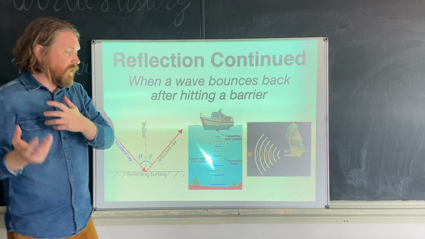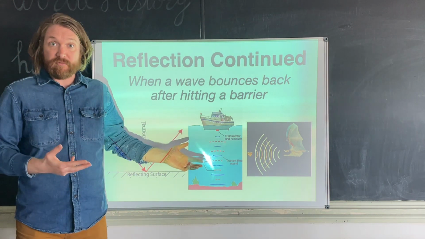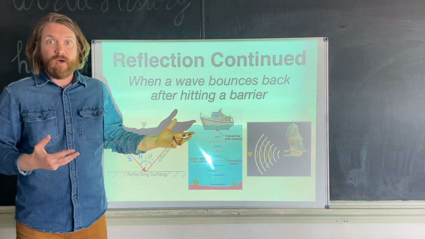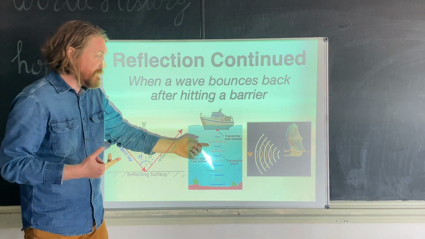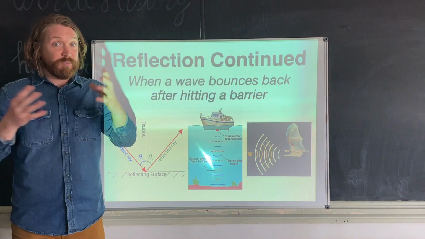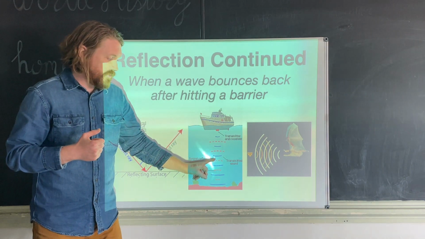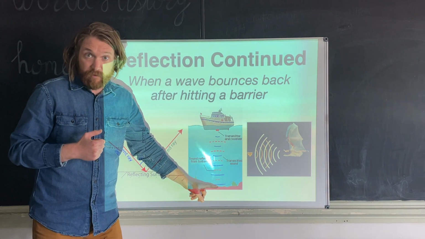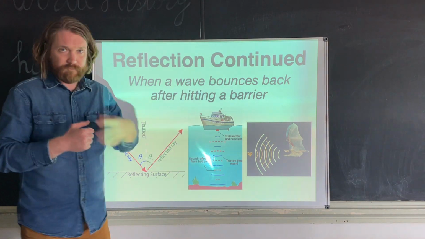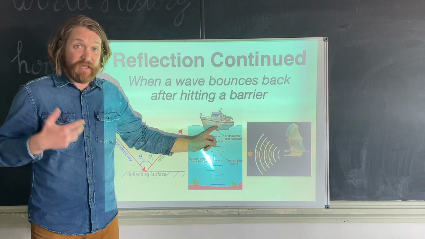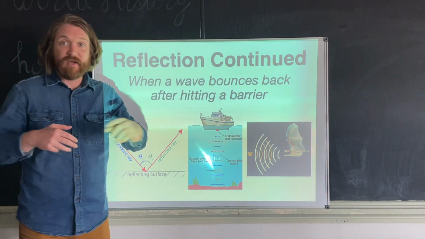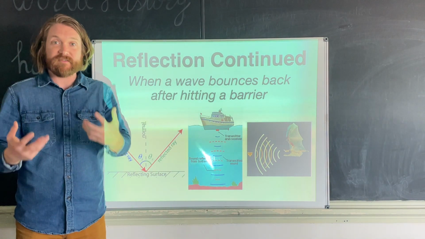We have borrowed this and used sonar in our boats, right? And this is actually how we are able to tell how deep down something in the water is. It's a pretty simple system. You send out a sound wave, that sound wave goes down, it bounces off of the surface and it comes back. Depending on how much time it takes to go down and come back, you can tell how far away something is.